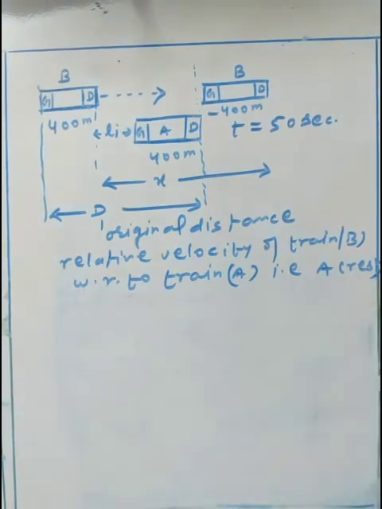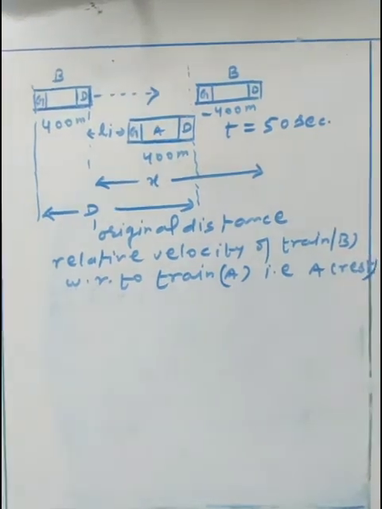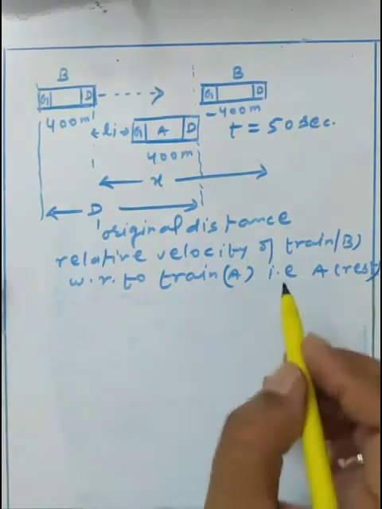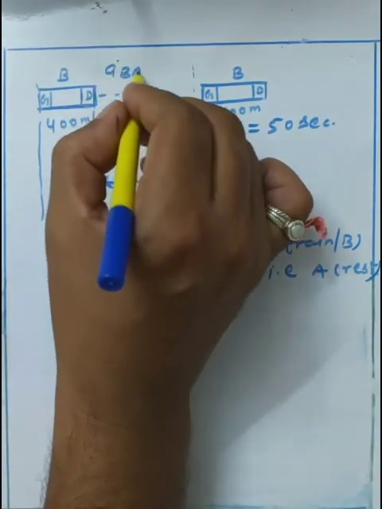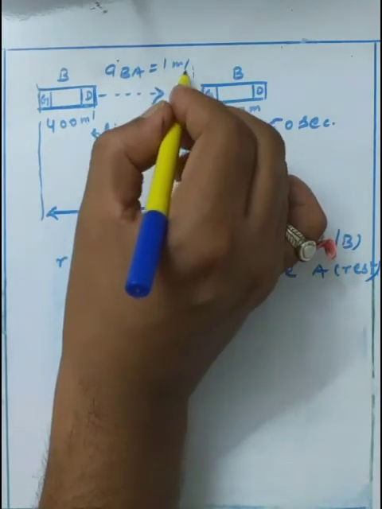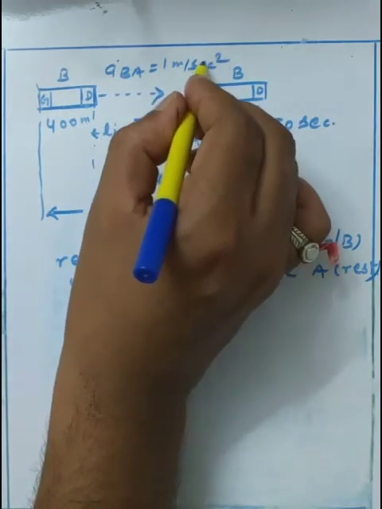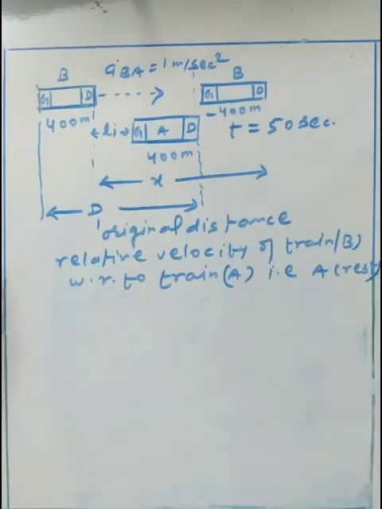The acceleration of train B with respect to A is 1 meter per second square, for the time t equal to 50 seconds.